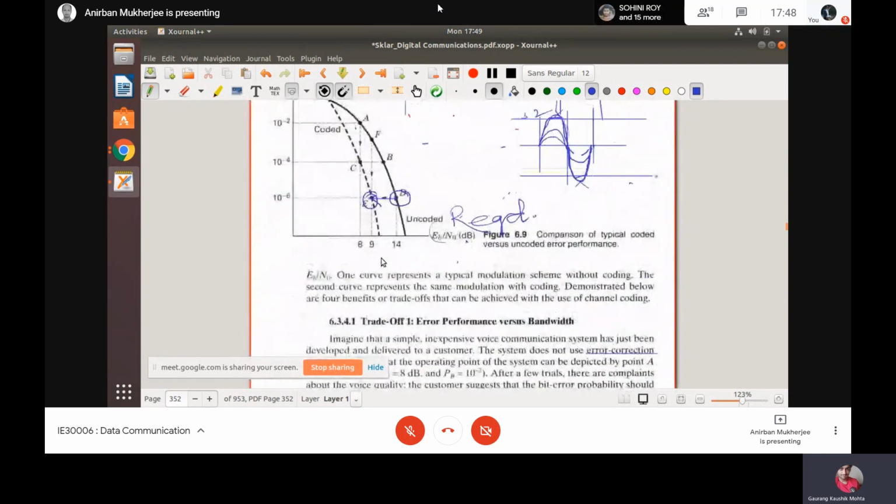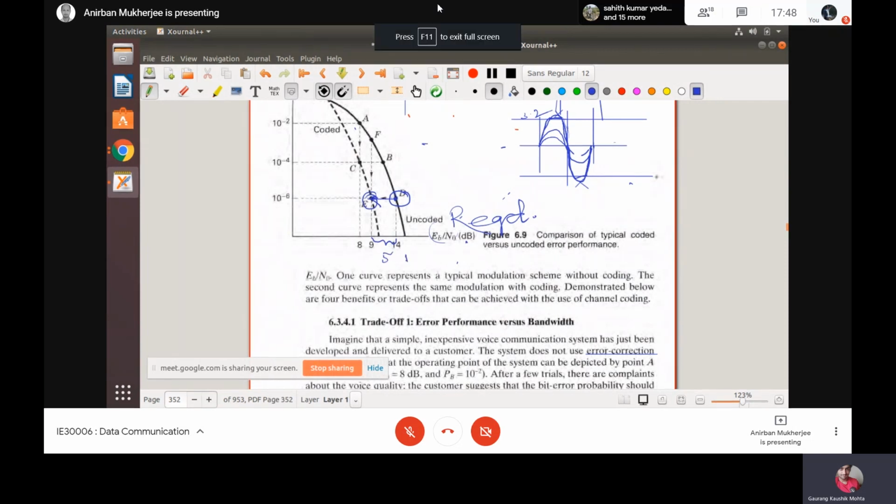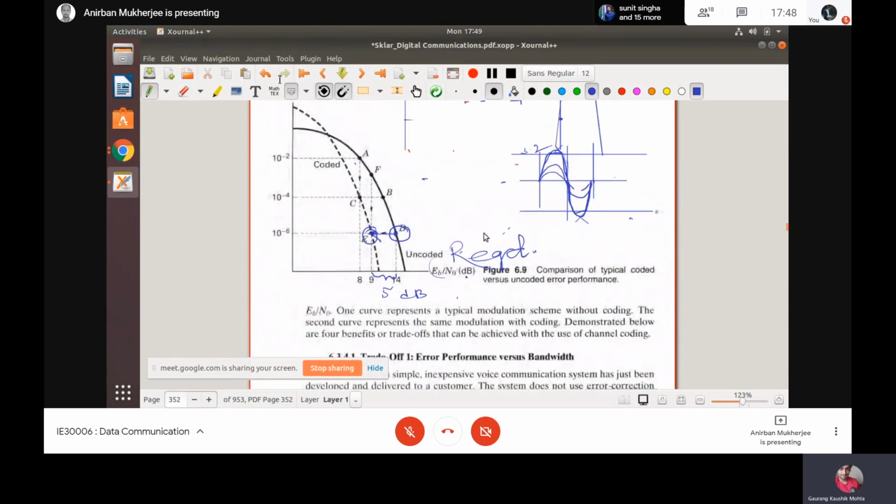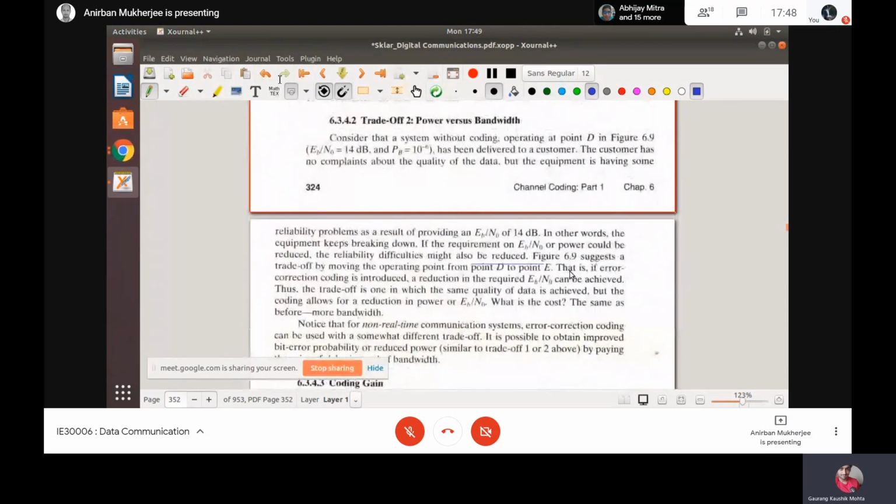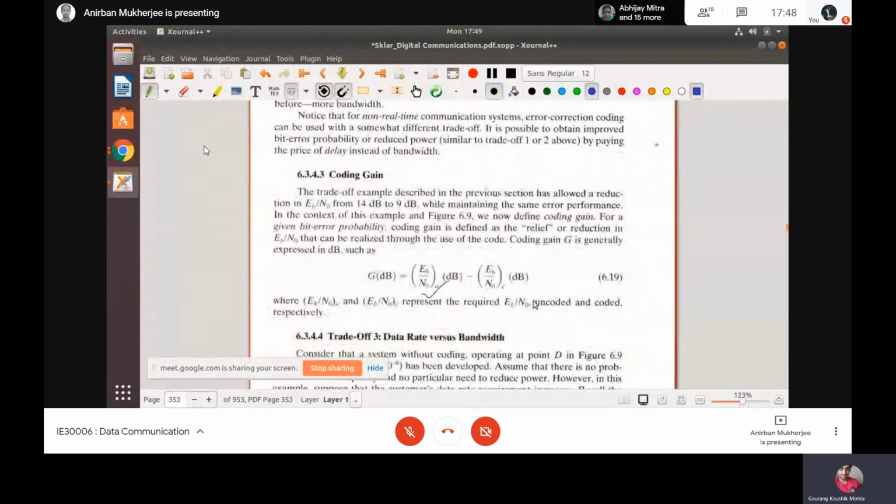Coding gain means, for the same probability of bit error, say earlier you were operating here in the uncoded region, and without increasing the probability of bit error, that is, without losing quality, voice quality, you have moved to this coded point. This 14 minus 9, that 5 dB, is called the coding gain. That means Eb/N0 for uncoded minus Eb/N0 for coded, in dB.